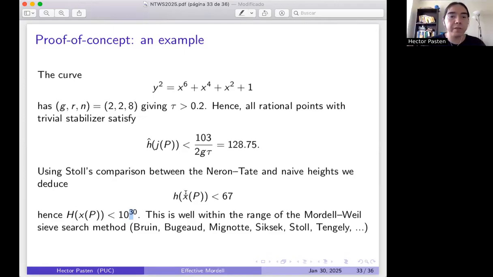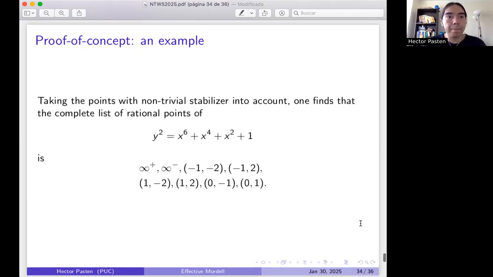So this is well within the range of computation using the Mordell-Weil sieve to bound, and this has been developed by many people here, and it's amazing how far they can get with the computation using the Mordell-Weil sieve. And yeah, so at the end, what you get out of this is that this curve has only these 8 rational points, the 2 points at infinity, and these other points that are the obvious ones. You look at the equation and you immediately find these points. And there is nothing else.